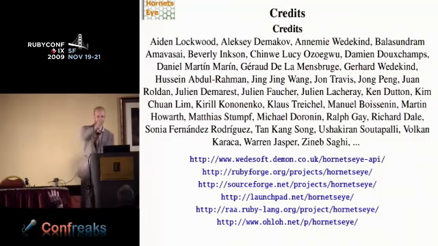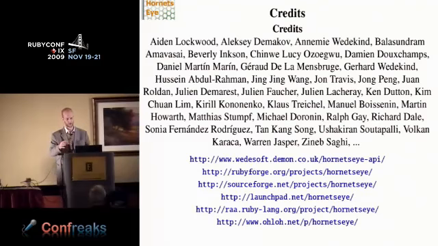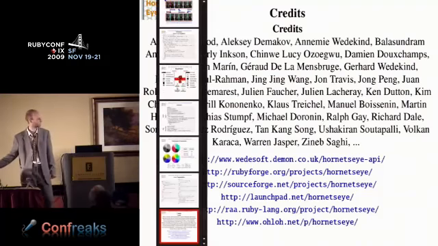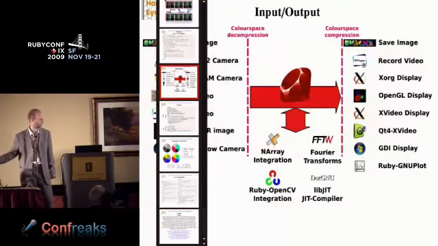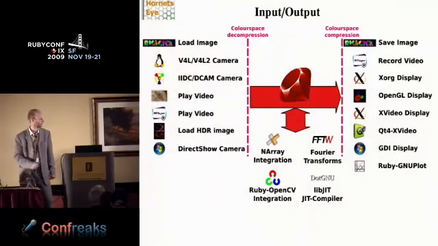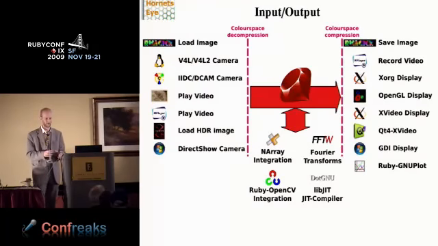Next question. All of the primitive operations you've created on top of libjit, is that part of HornetsEye? Yes. Basically, HornetsEye provides the array classes, and it has some bindings to different I/O libraries. That's the other problem you need to deal with when doing computer vision. At the moment it runs under Linux, and a lot of it runs under Windows as well, on PCs.